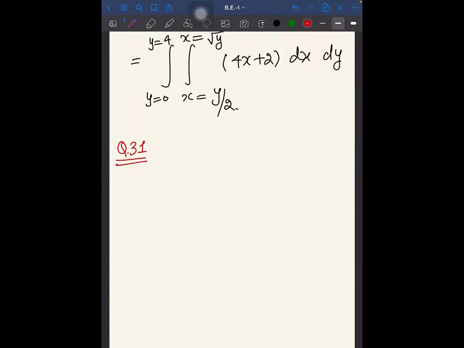Question is, change the limit and then evaluate the integral. Right?